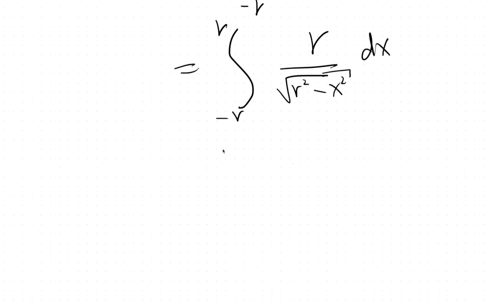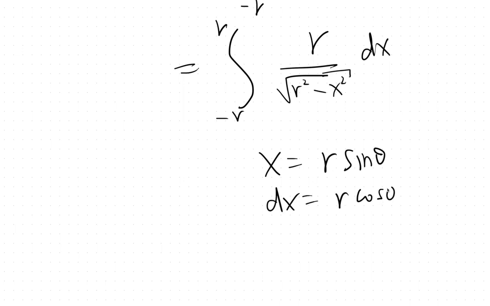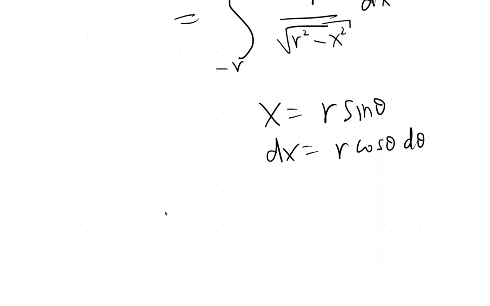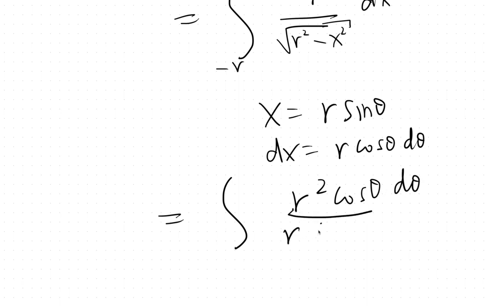Okay, now let's put a simple substitution to get rid of the square root. x is equal to r sine theta, dx is equal to r cos theta d theta. Okay, and the integral of r square cos theta d theta divided by r cos theta from minus... oh wait, no, we have changed the variables, so even the limits will change.